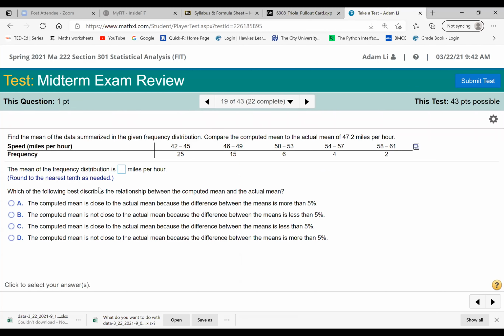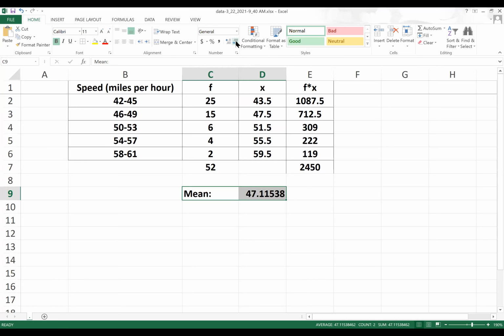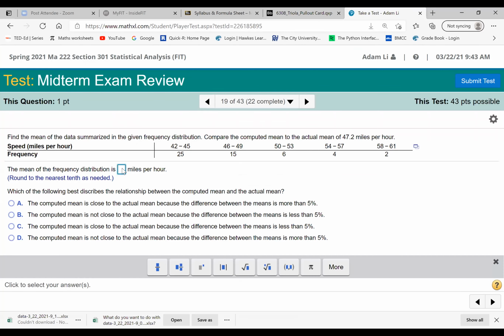Okay, tenth, meaning 1 decimal place. So go back, let's round it to 1 decimal place. Just trim down a little bit. So this turned out to be 47.1. And so the answer will be 47.1, you put it in.